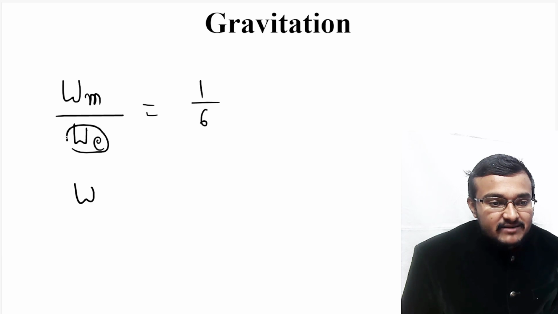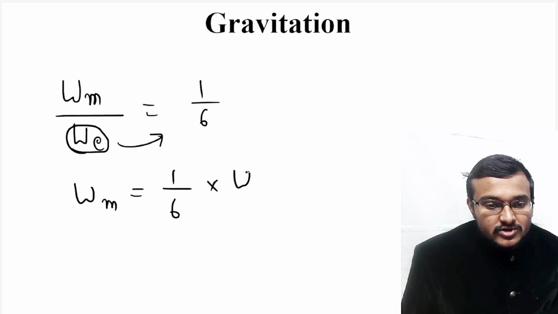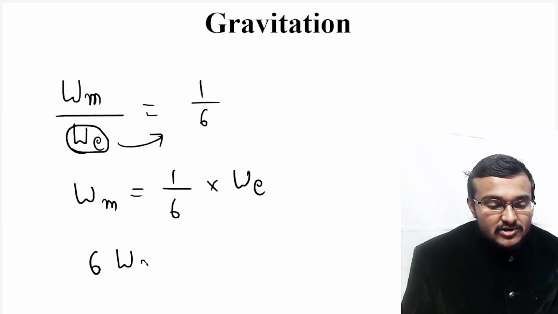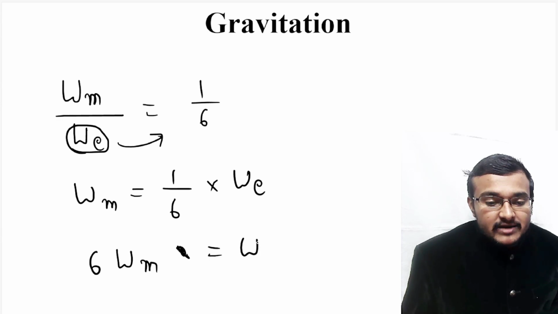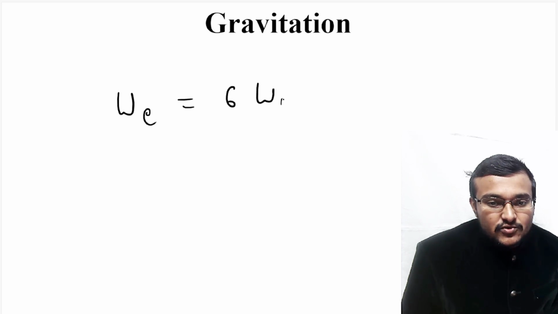Or if you bring this We to RHS, then Wm will be equal to 1 by 6 into We. Now if you bring this 1 by 6 to LHS, then it will be 6 into Wm is equal to We. So basically you are getting We is equal to 6 into Wm.